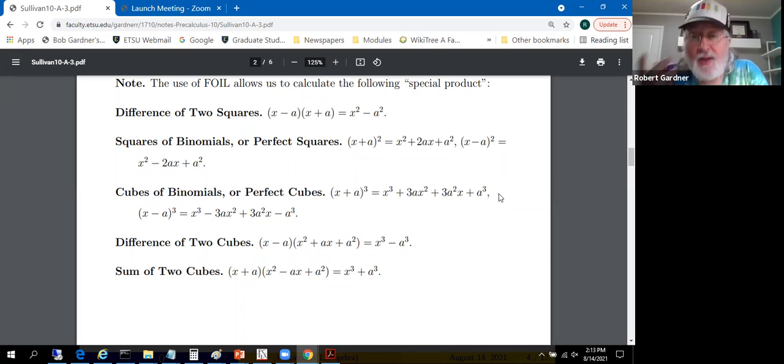The only other thing to remember is that you get these coefficients of 3 here. Well, it's related to the fact that you're cubing. In the previous one, you got a 2 in that center term, and it's related to the fact that you're squaring. We could look at x plus a to the 4th power.